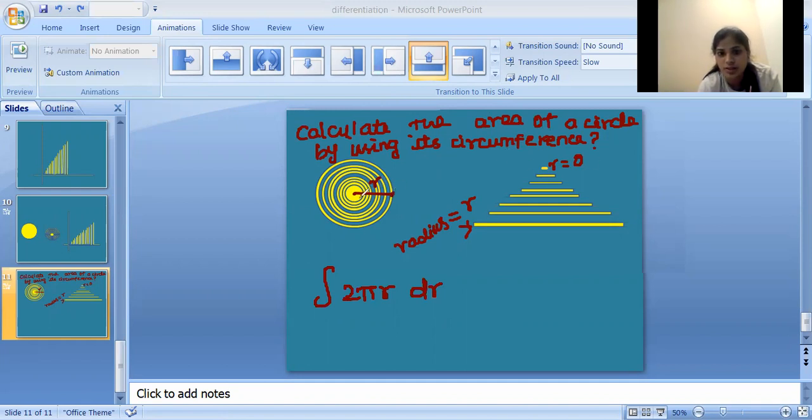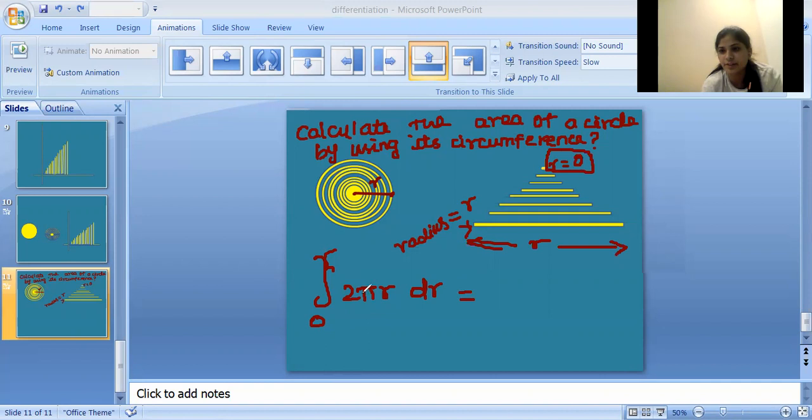And the outermost circle, from the center to the outermost circle, I can assume the radius of the circle is r. So for the bigger rectangle, it is going to be r, and for the smaller one, it is going to be 0. So my lower limit is going to be 0, and the upper limit is going to be r.